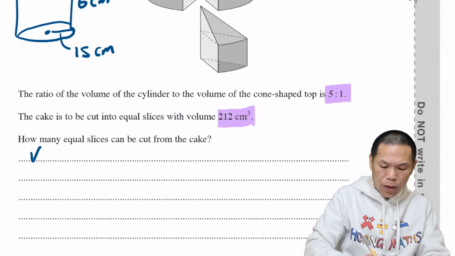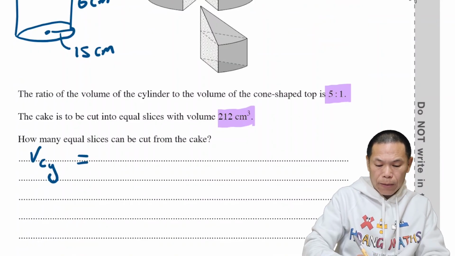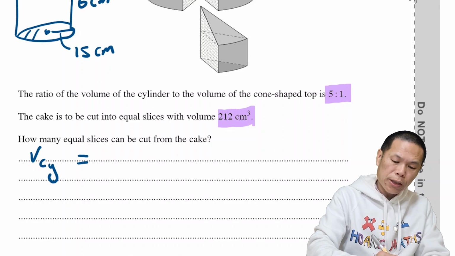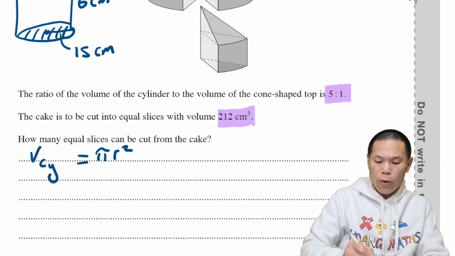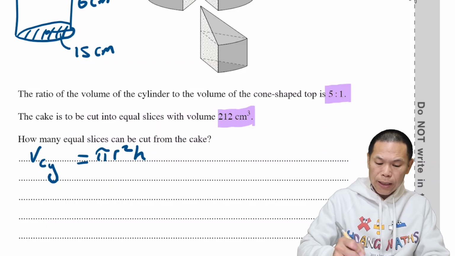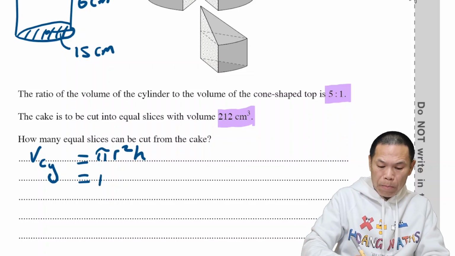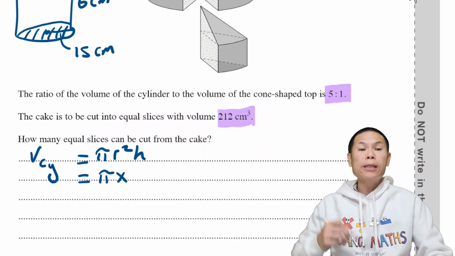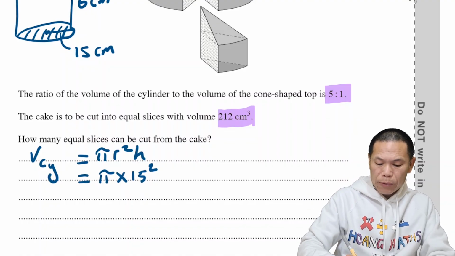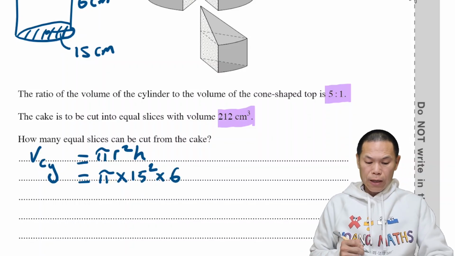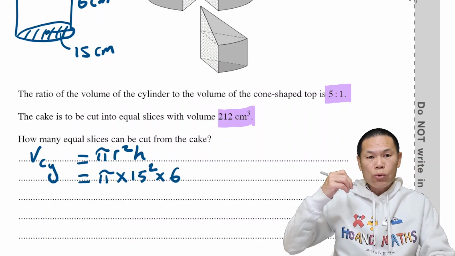So volume of the cylinder is area times height. But area is the area of the circle here. So that is pi r squared. And we times height. So that will give me pi times the radius. The radius of this cylinder here is 15. So 15 squared, and we times height. Height is 6. So there you go. Let me just work it out.